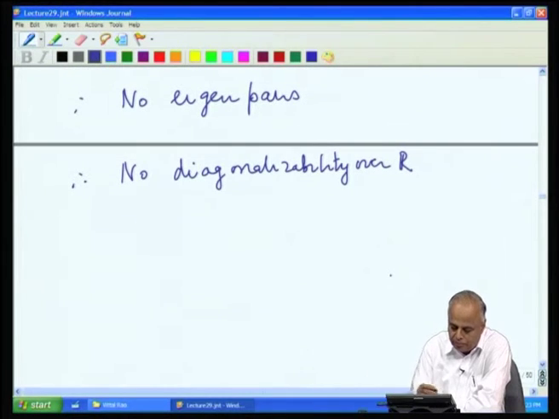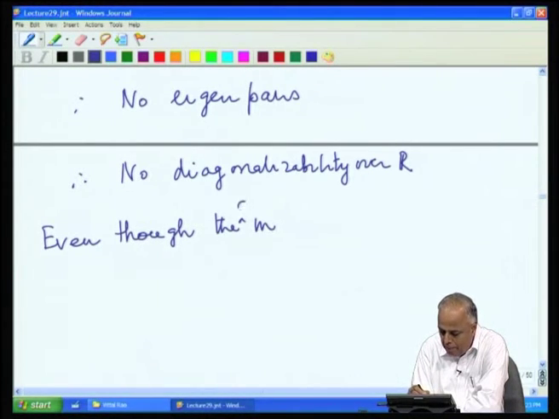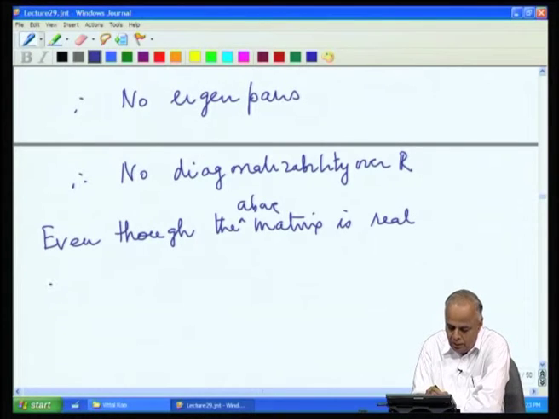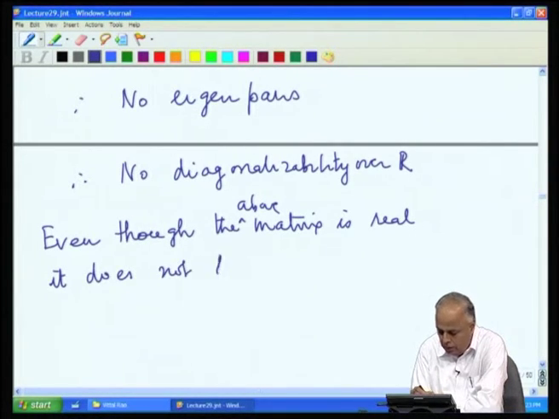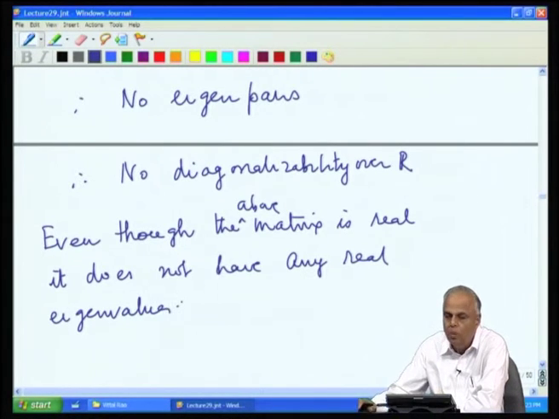So, even though the above matrix is real, it does not have any real eigenvalues. So, what is the problem?